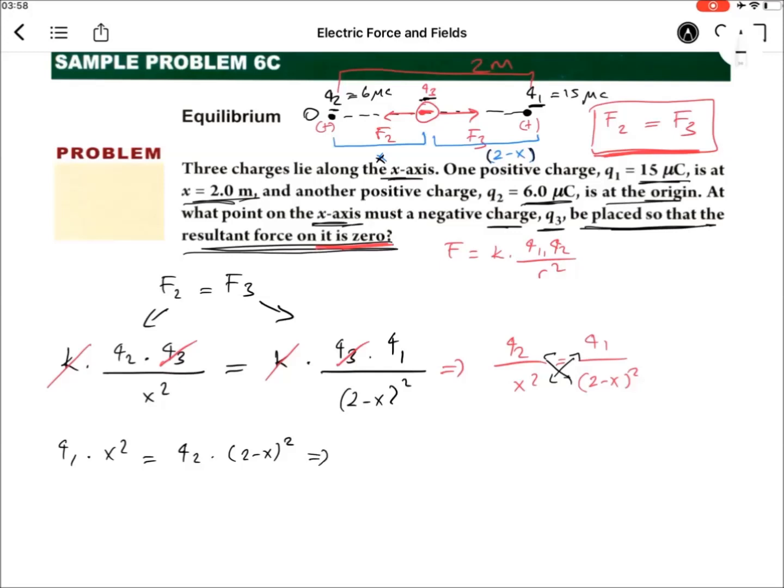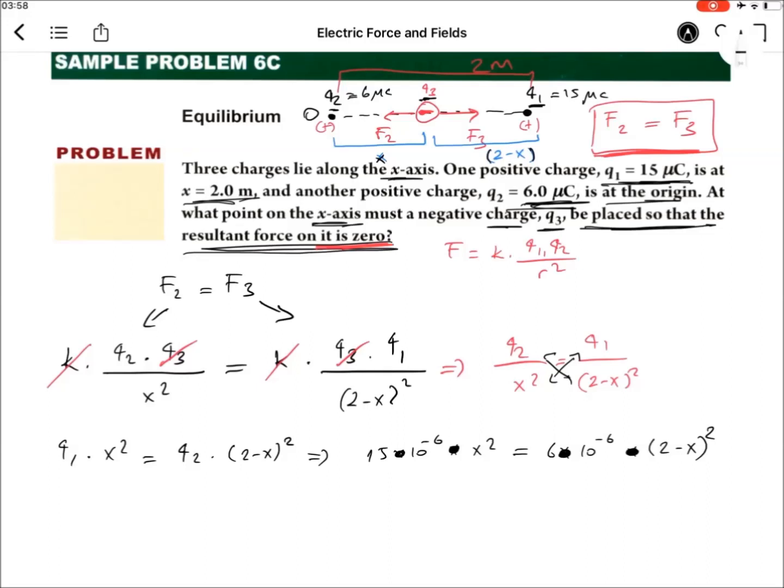If we substitute the values, Q1 is 15 microcoulomb. 15 micro means 15 times 10 to the negative 6, times x squared, which is equal to Q2, which is 6 times 10 to the negative 6 again, times (2 minus x) squared.